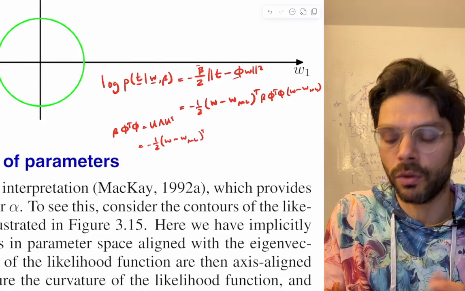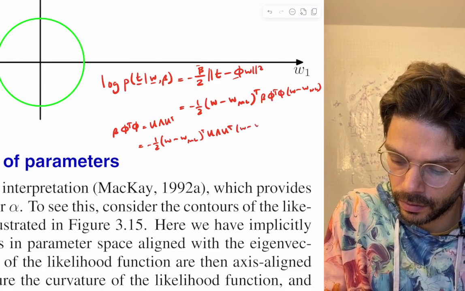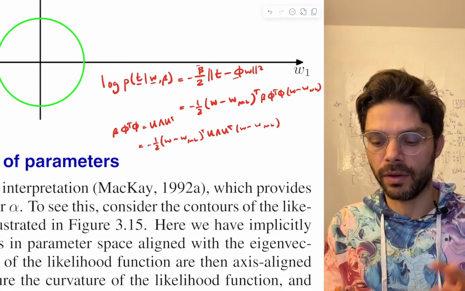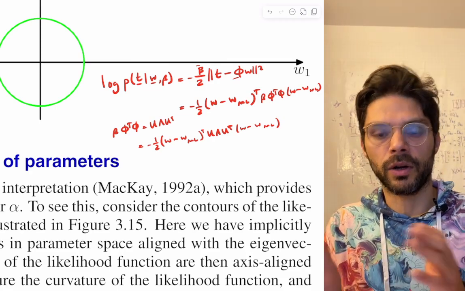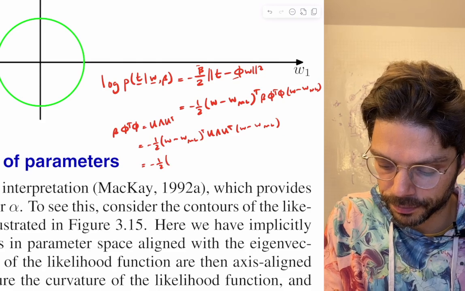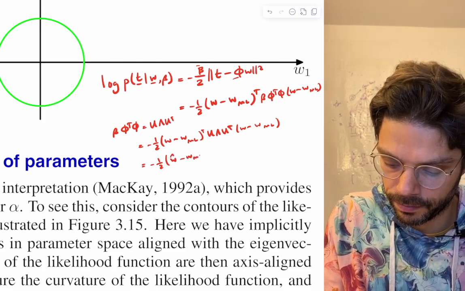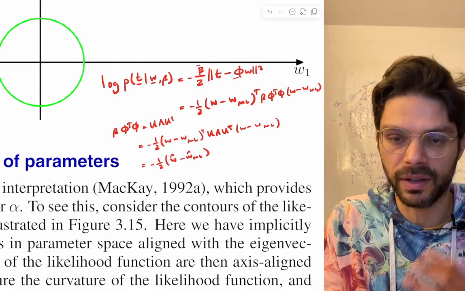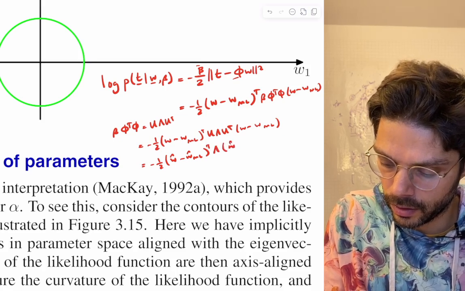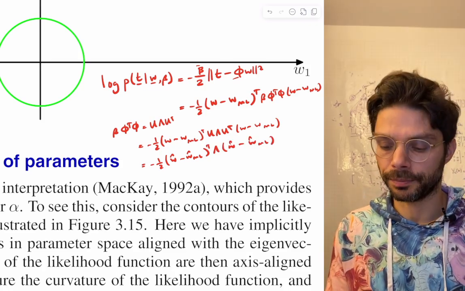You're just switching coordinates, rotating everything, so we rotate our coordinates for the weights as well and write them in these rotated coordinates. Again, we've decoupled everything, which is always the point of doing this decomposition.